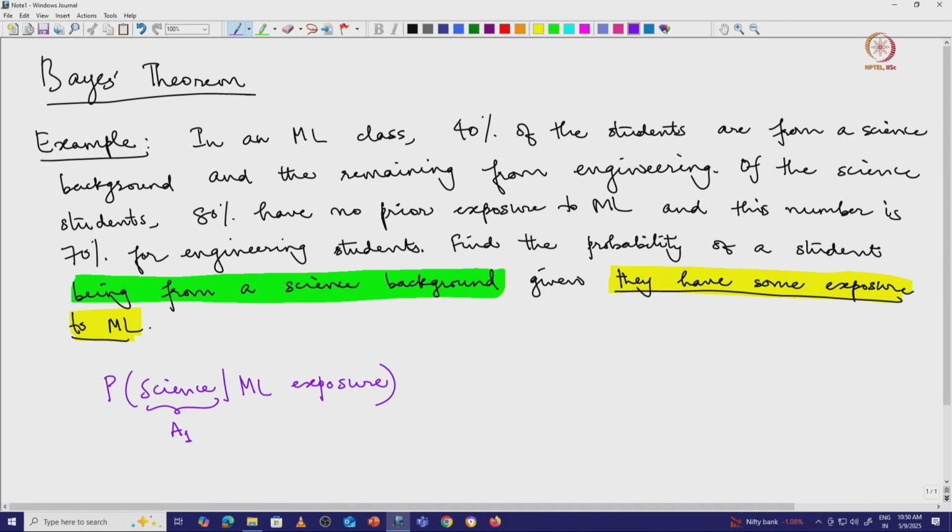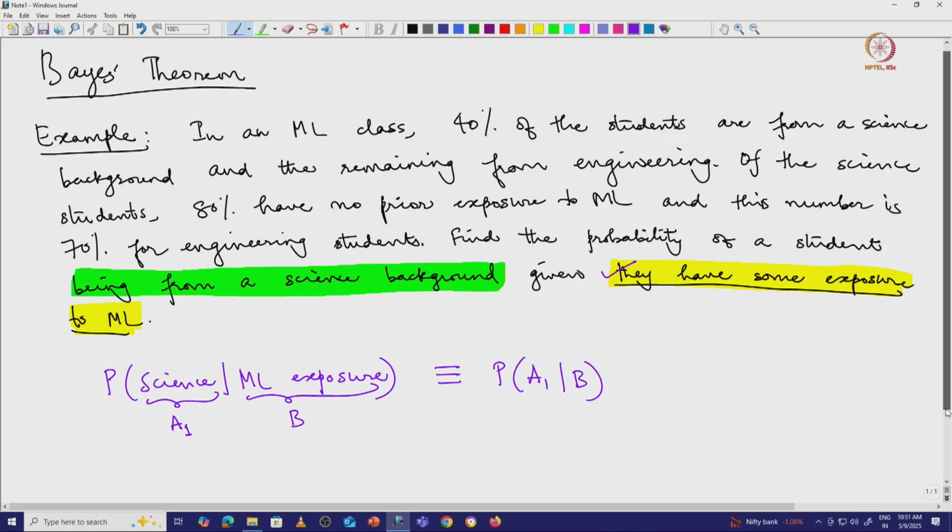And let us call this the evidence B. We already identified this as the piece of evidence that they have some exposure to ML. So, this is now probability of A1 given B, right. That is what we have to calculate.